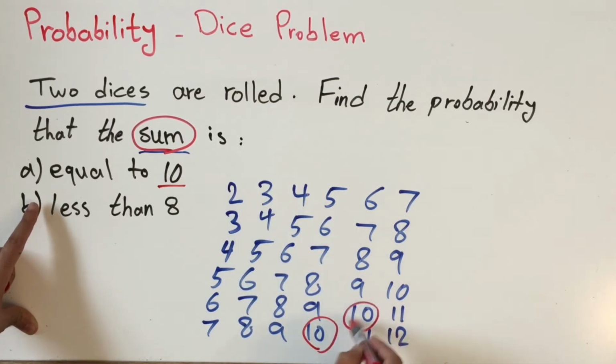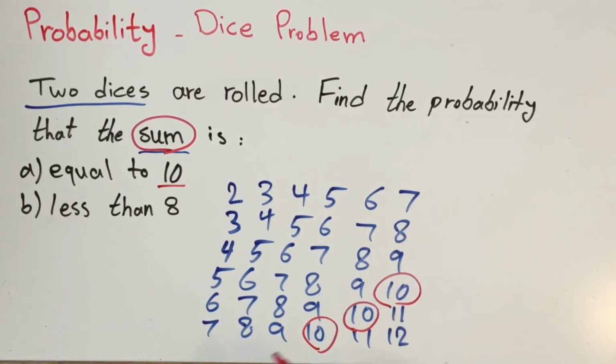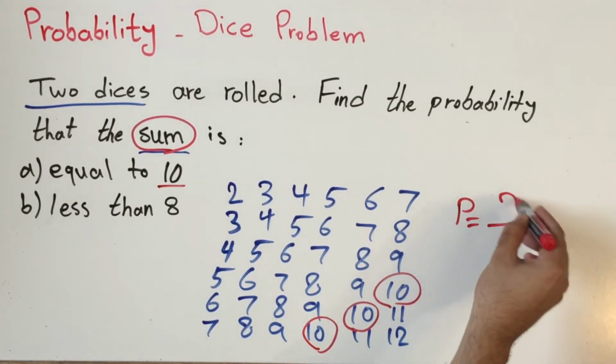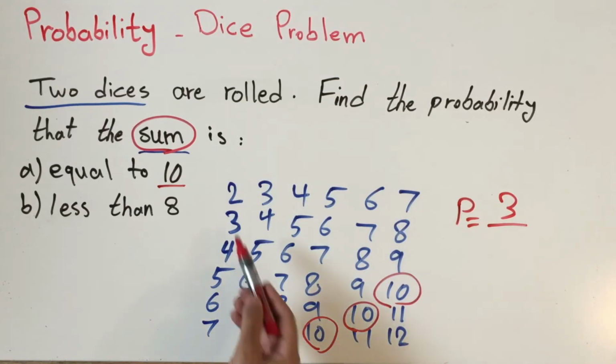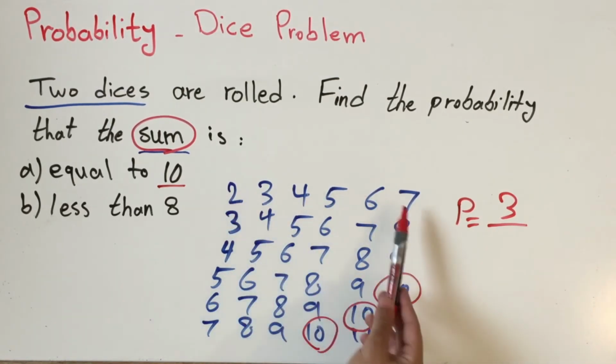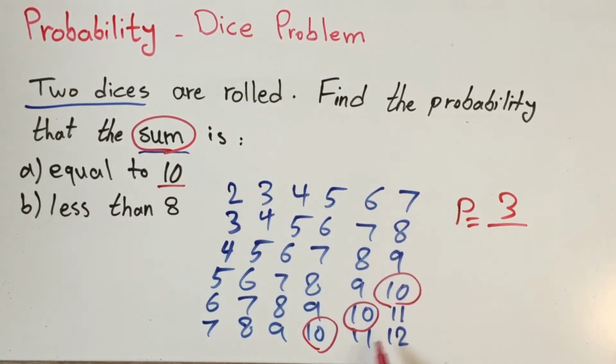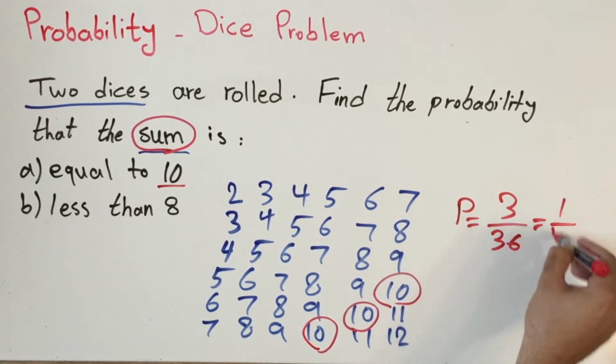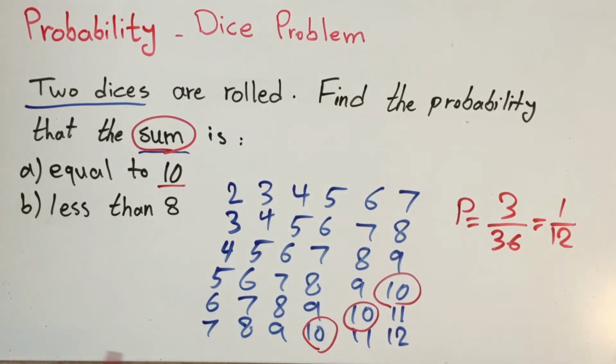As you see, we have 3 tens. So the answer is going to be 3. How many numbers do we have here? This is a square, 6 by 6, right? 6 by 6. So you have 36. So it's 3 over 36, which is 1 over 12, which is the same answer we got in the other way that we solved this, right?